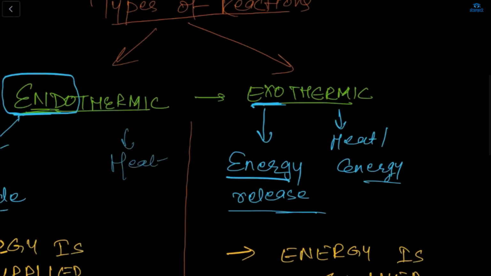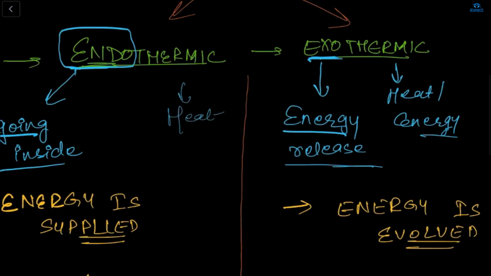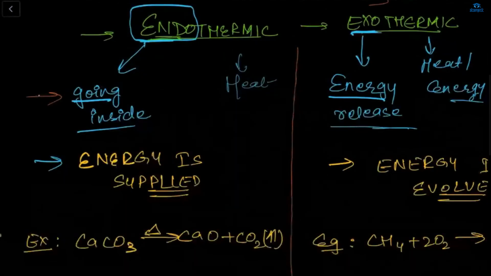Okay, do you understand the difference? What's the difference between these two words, endo and exo? Exo means your heat or energy is going outside. Endo means going inside, and exo means the energy or heat is released. In endothermic, we can also say energy is supplied, then only it's going inside. When the energy is supplied, here the energy is evolved.